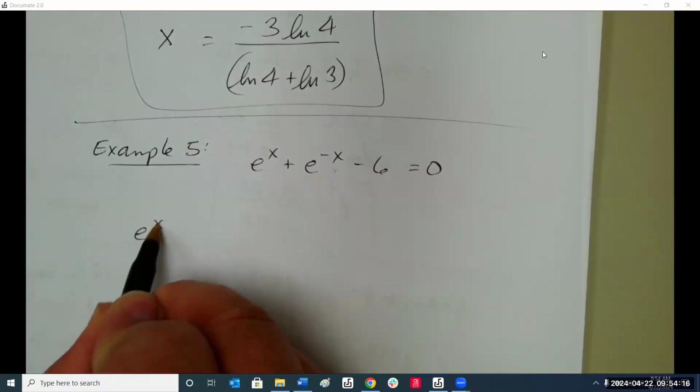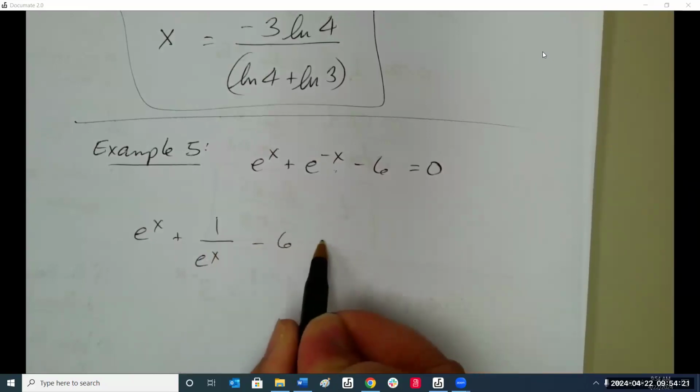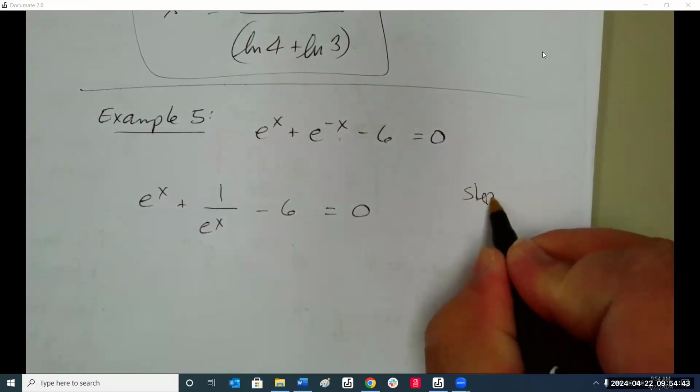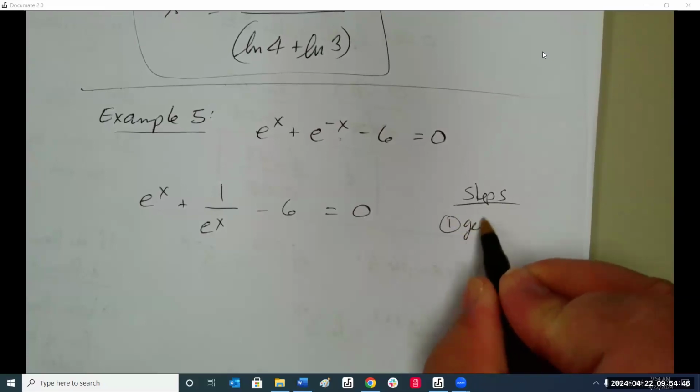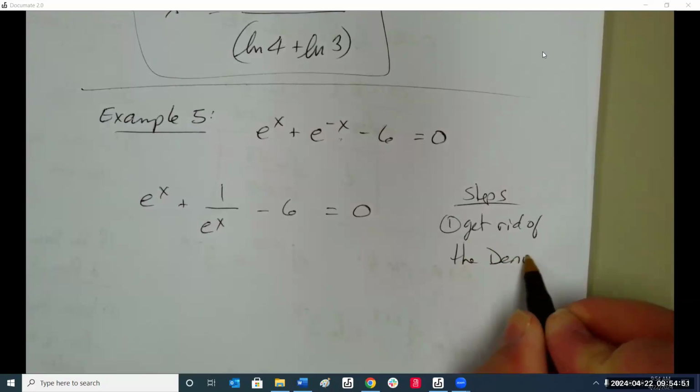So if we were to get rid of that negative exponent, the equation would look like this. We don't want to have denominators. So what do we always do whenever we have denominators? Get rid of the denominator.